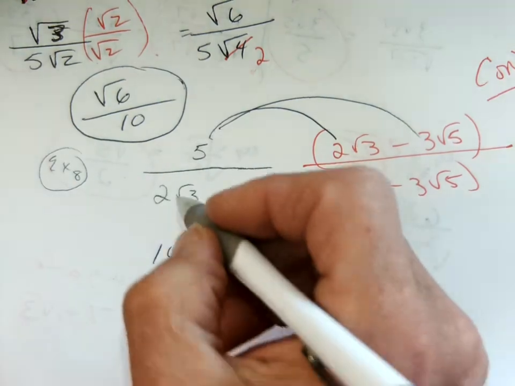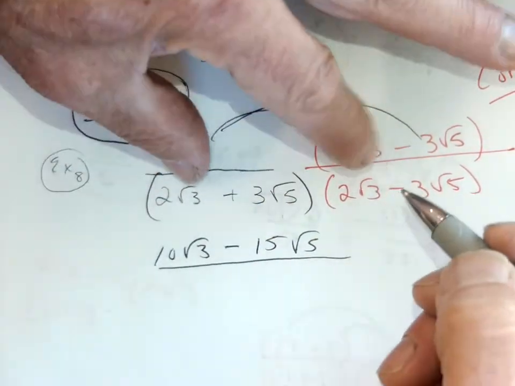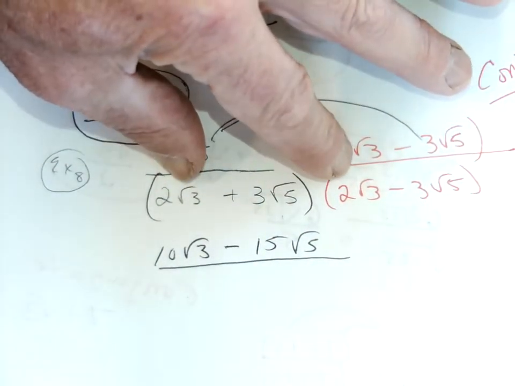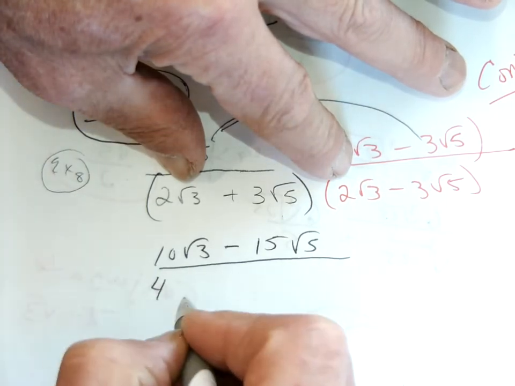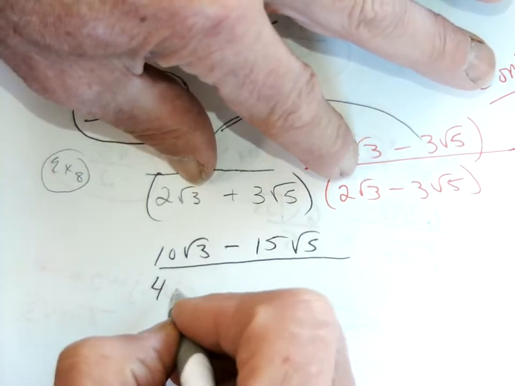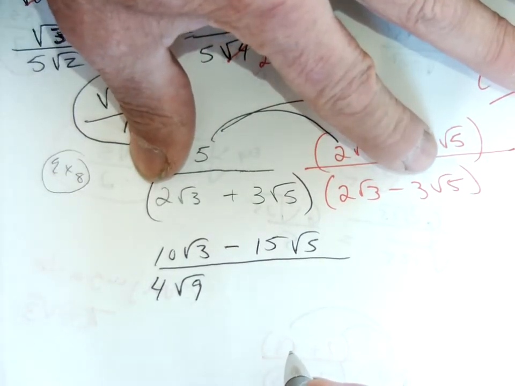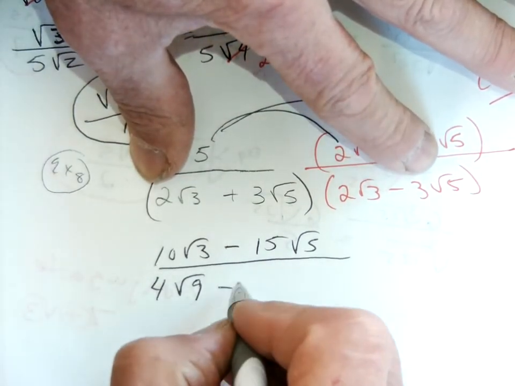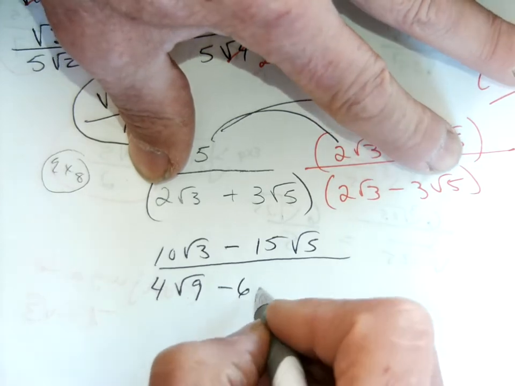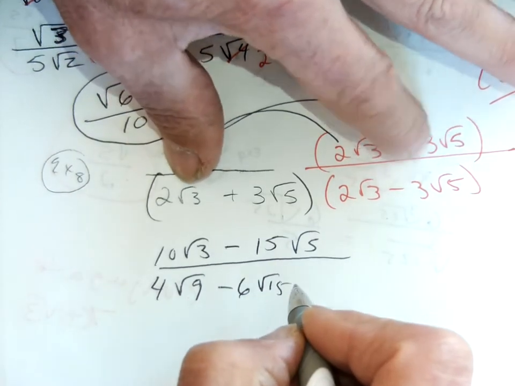On the bottom, the denominator, all right, let's multiply this out. 2 times 2 is 4, and the square root of 3 times square root of 3 is square root of 9. 2 times negative 3 is a negative 6 square roots of 15, because of 3 times 5.